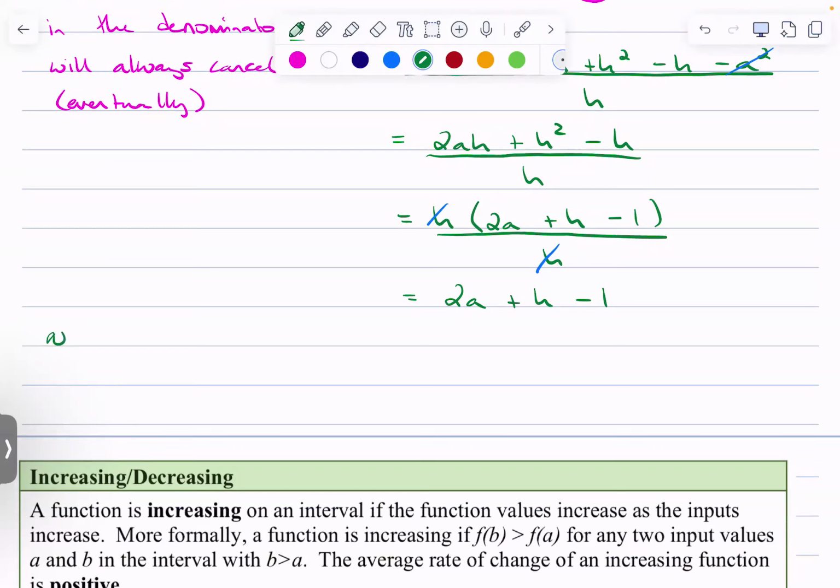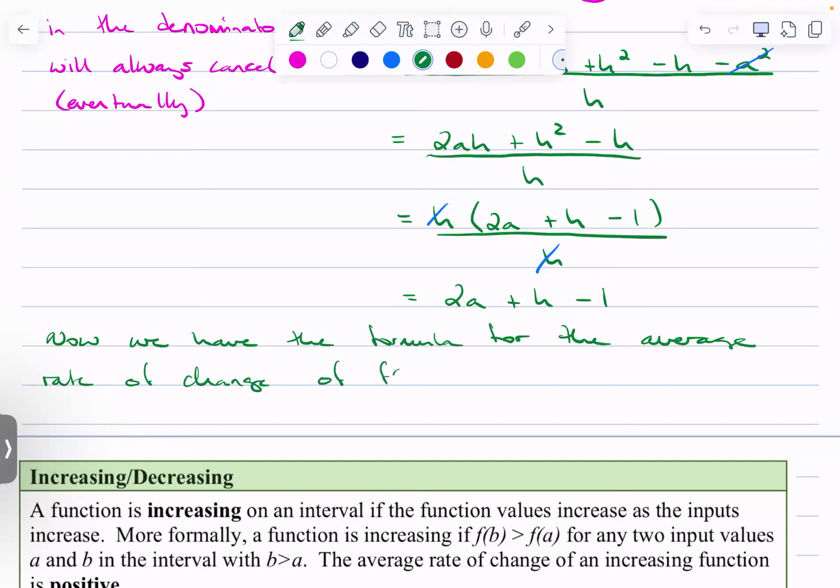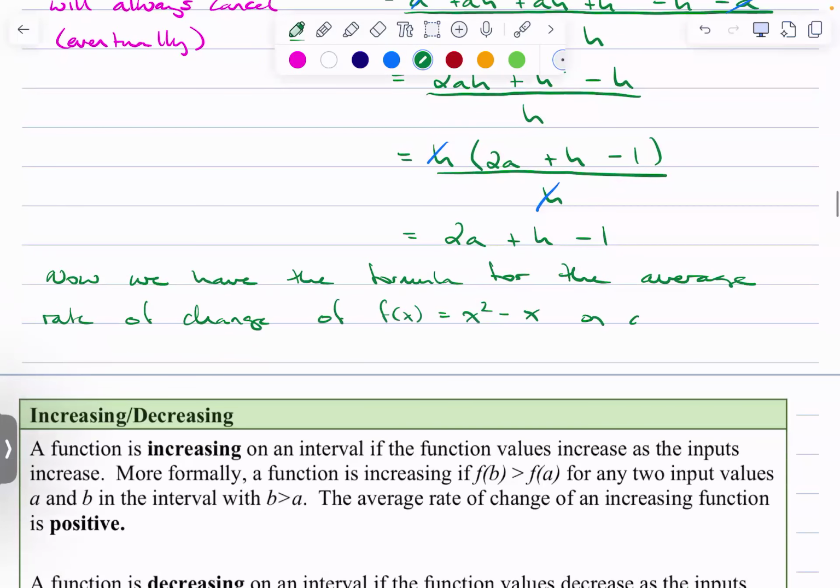So now we have the formula for the average rate of change of f of x equals x squared minus x on any interval a to a plus h.